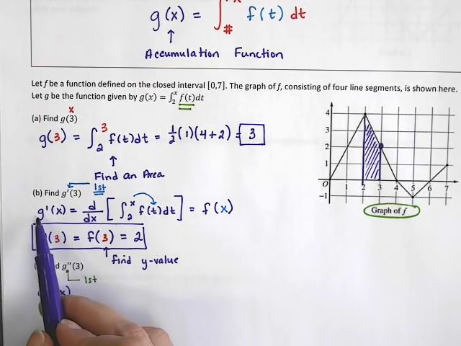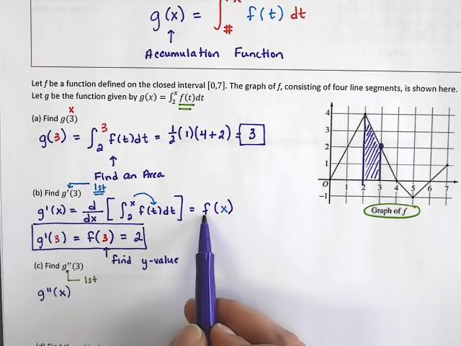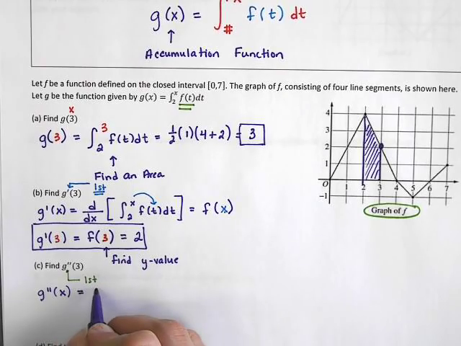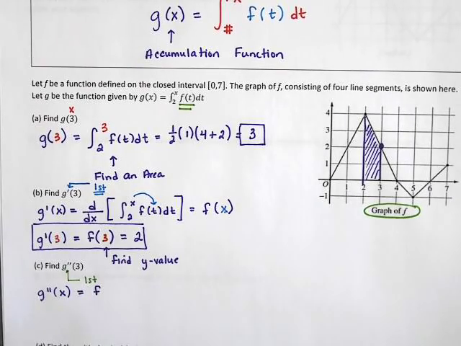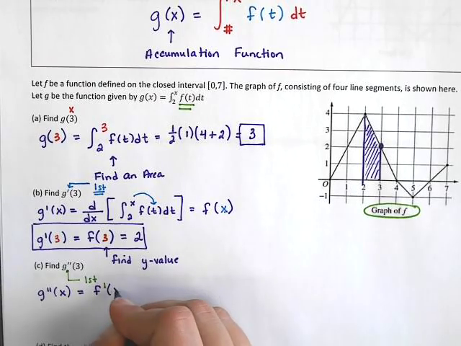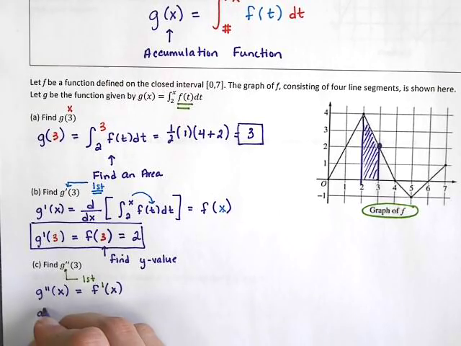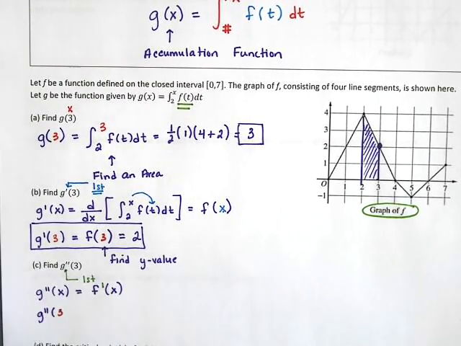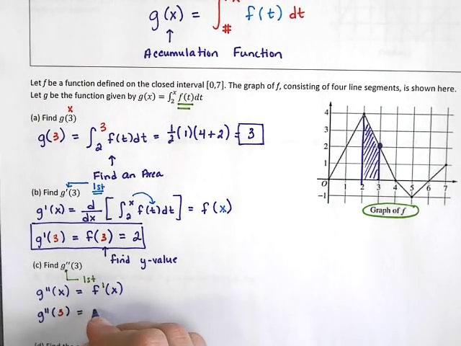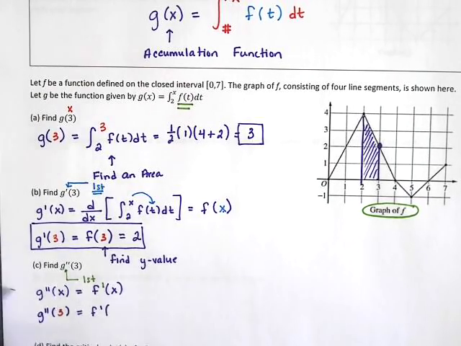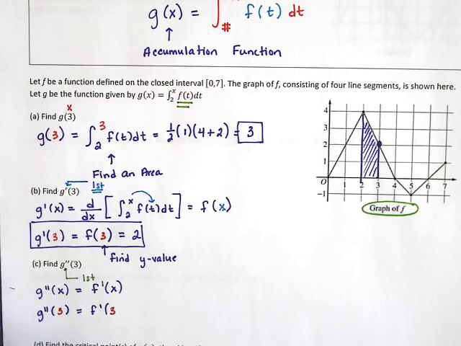Since g prime of x was f of x, g double prime would be f prime of x. I'm just taking the derivative of what was just there, which means to find g double prime of 3, I would just plug the number 3 into my f prime function.